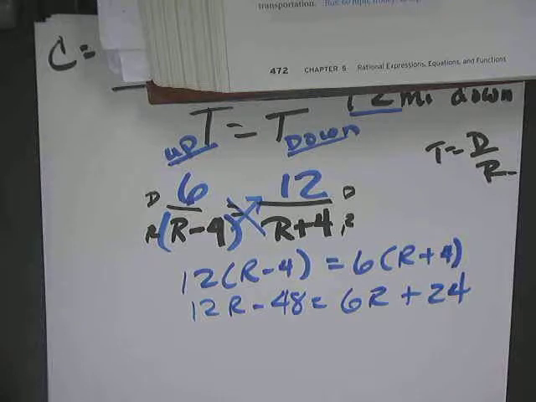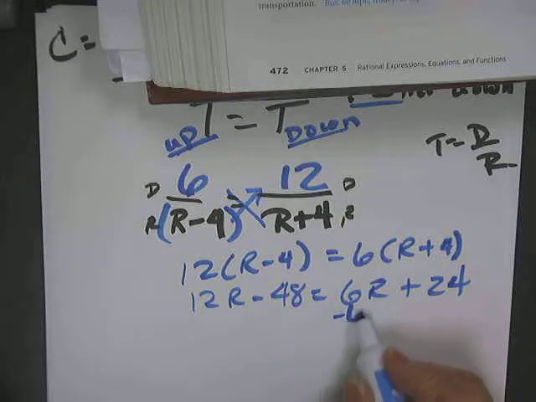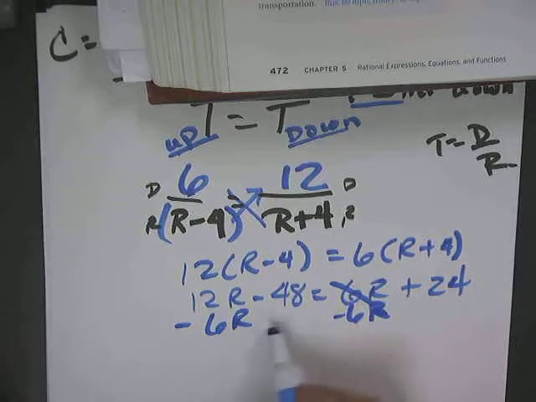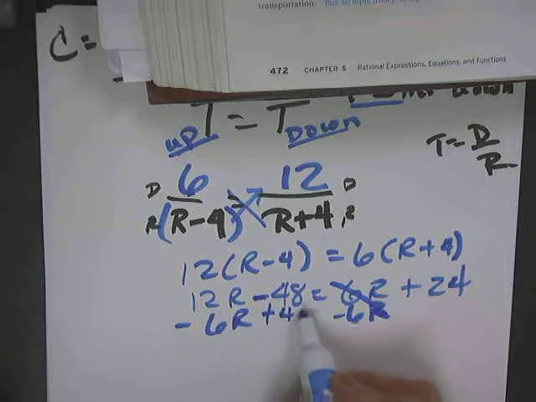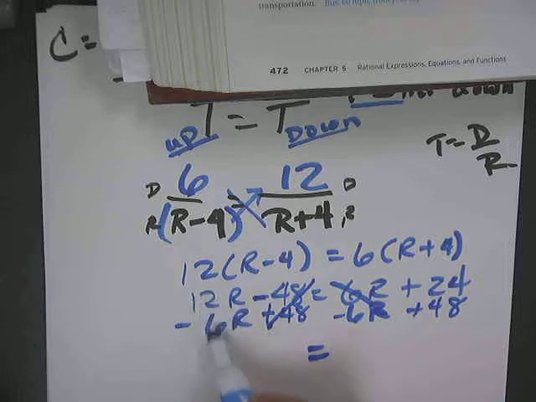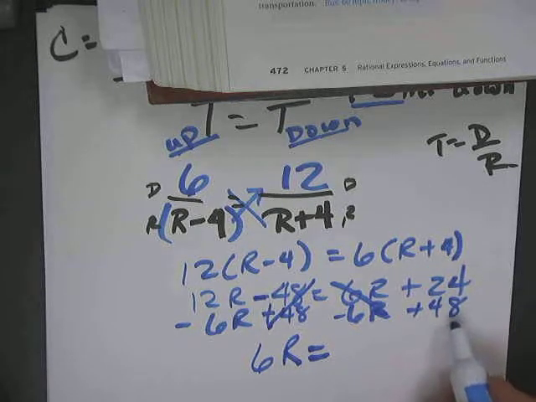Cross products are what? Cross products are equal. There we go. That's equal to that. Okay, distribute. We distributed, got rid of our parentheses.